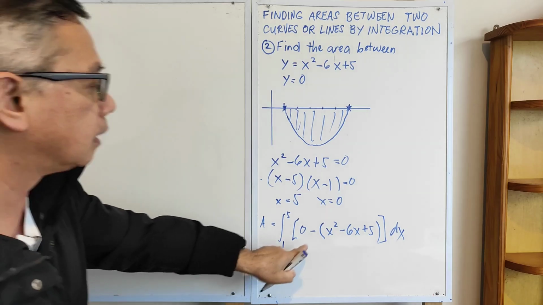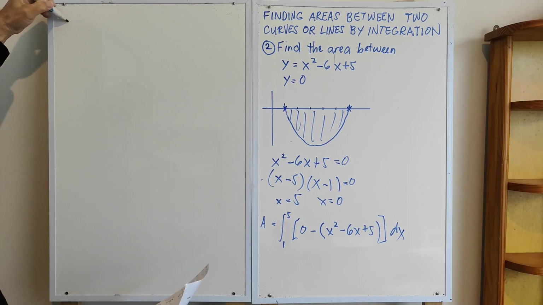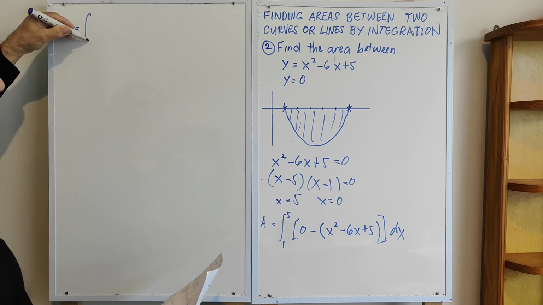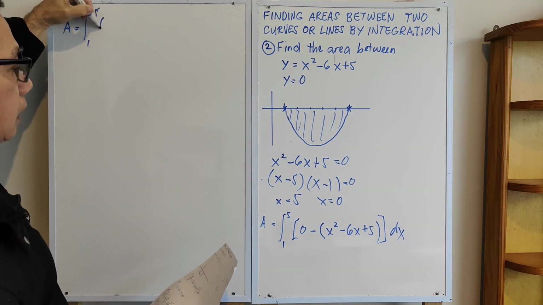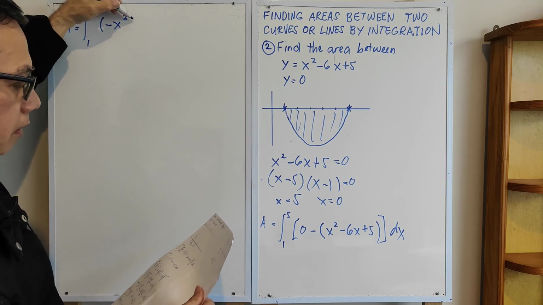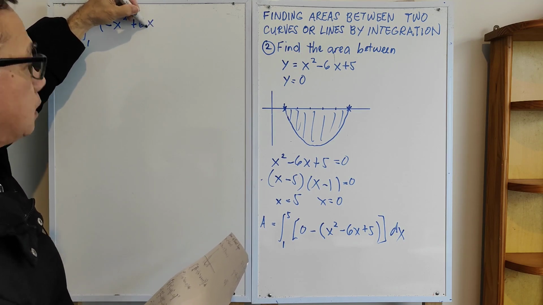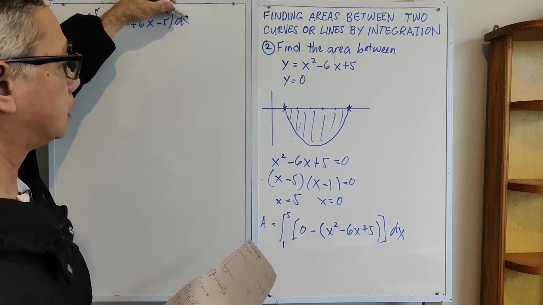If we separate the negative, the area would be evaluated from 1 to 5. This would be negative x squared plus 6x minus 5 dx.